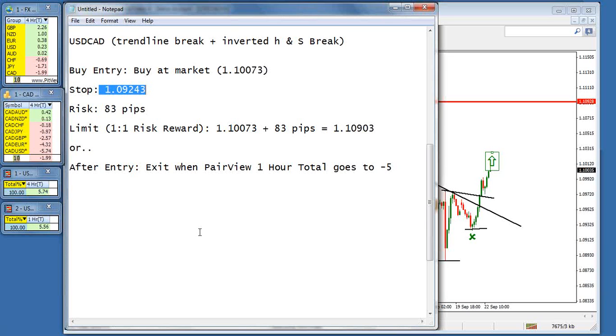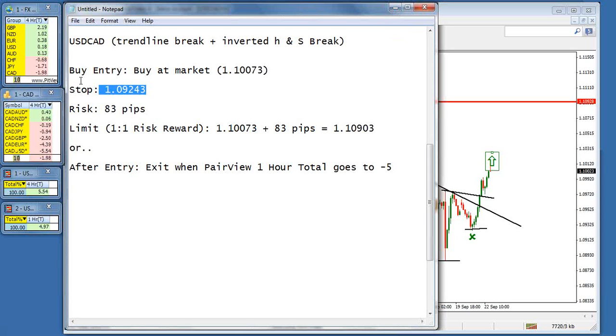Does that mean the market makers could not start selling right now and make this go red? Absolutely. This could go to a losing trade. Every trade has the potential to be a winner or a loser. This is just one where we can get out a little earlier. If this goes to a -5, that can give us a signal to get out a little bit earlier in the game instead of being whipsawed in and out of the trade.